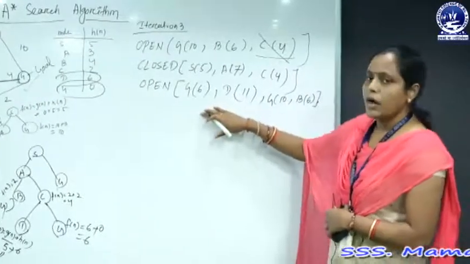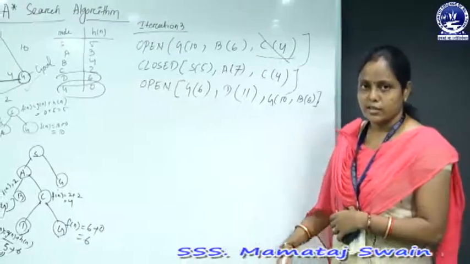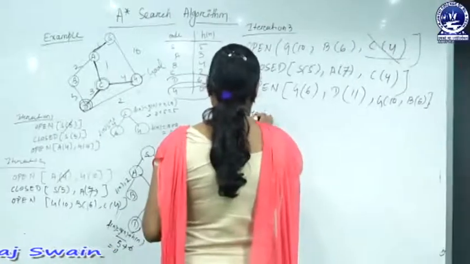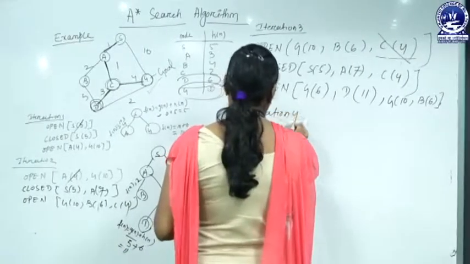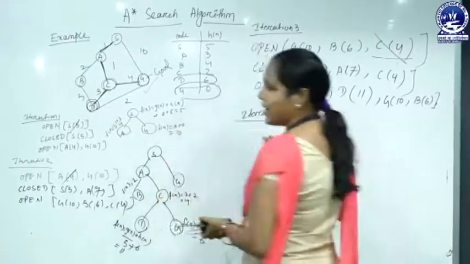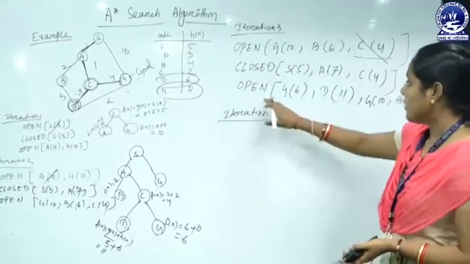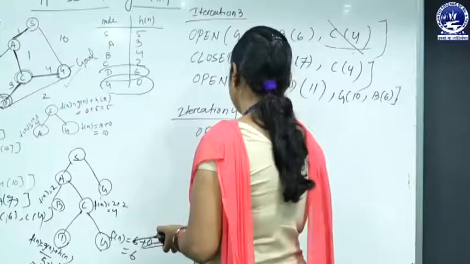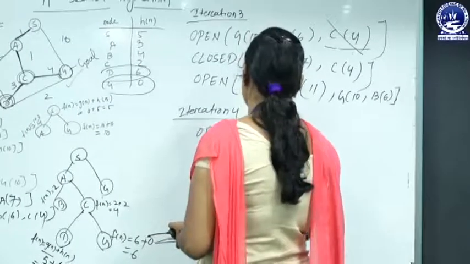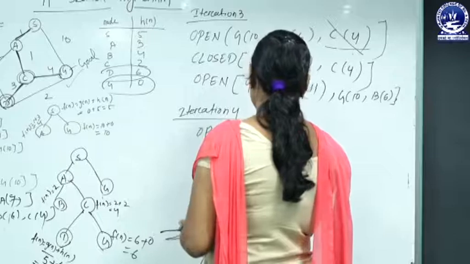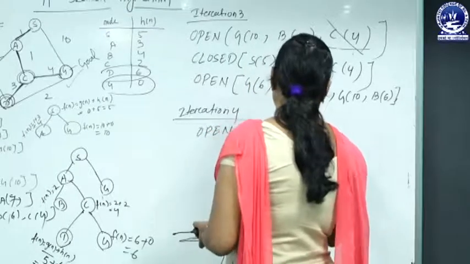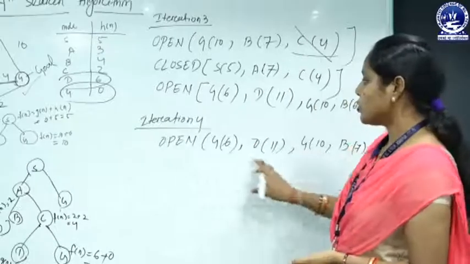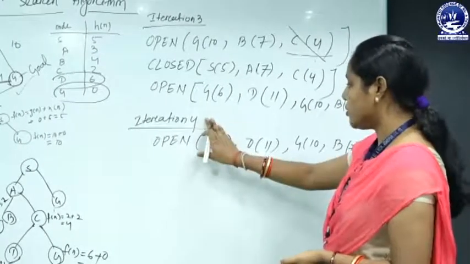After that our next iteration starts, that is iteration 4. In iteration 4, our open list contains these nodes. That means the open list contains node G which has evaluation function value 6, then D 11, G 10 and B. These are the nodes of our open list in iteration 4.